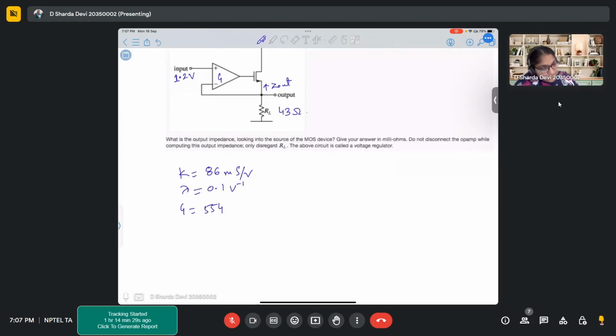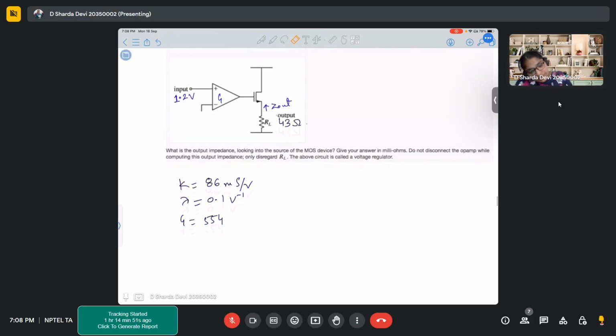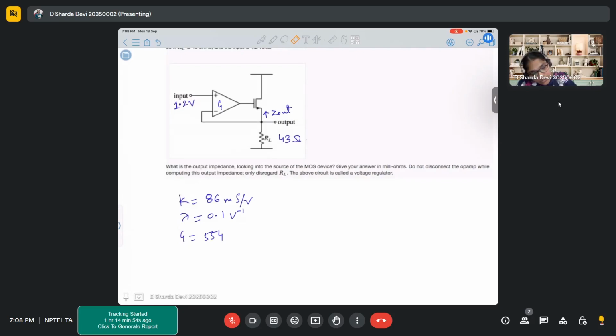You have to make sure that you do not disconnect the op-amp while computing the output impedance. We have to use this feedback connection. It is already mentioned. First of all, this is an op-amp giving a good amount of gain, so we'll consider the virtual short concept and say both the nodes will have the same voltage.